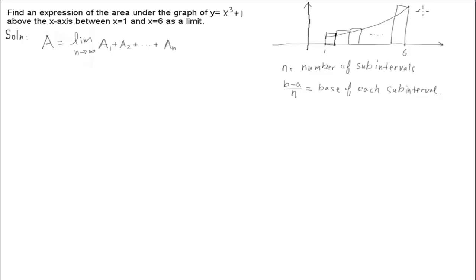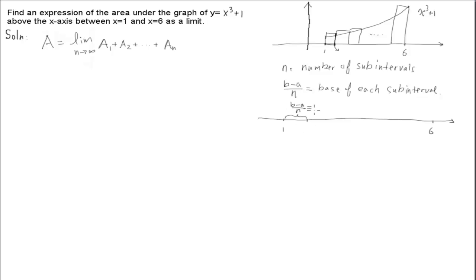We know the function is x cubed plus 1. So we just need to find the coordinate of this point. Because this is 1, we can draw the line over here so we can see things more clearly. So this is 1, and over here is 6. Each interval, the length from here to here, is b minus a over n, because we have n subintervals.